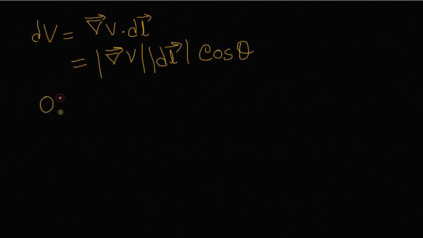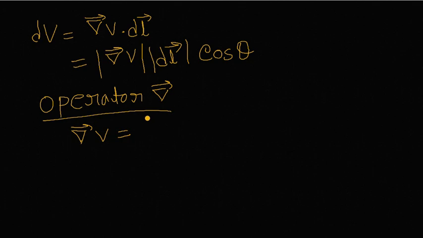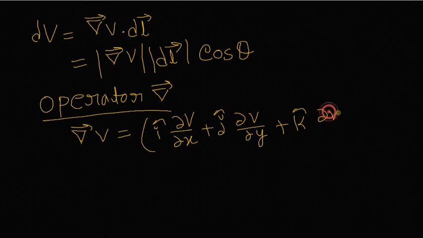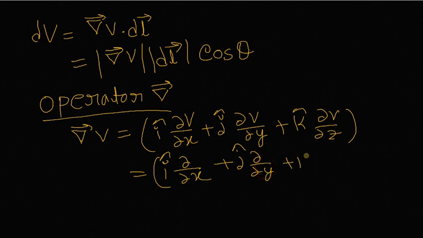Now let's talk about the operator del. We know grad v equals i cap del v/del x plus j cap del v/del y plus k cap del v/del z, which can be written in the form i cap del/del x plus j cap del/del y plus k cap del/del z, and I am taking this v outside.